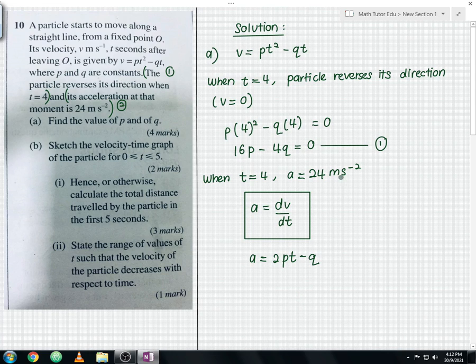Using this information given by the question, you can substitute into this acceleration equation. So 2p times 4, and then minus q, equals 24. You calculate this, you should get 8p minus q equals 24. So this will be our second equation. Let me label this as equation number 2.